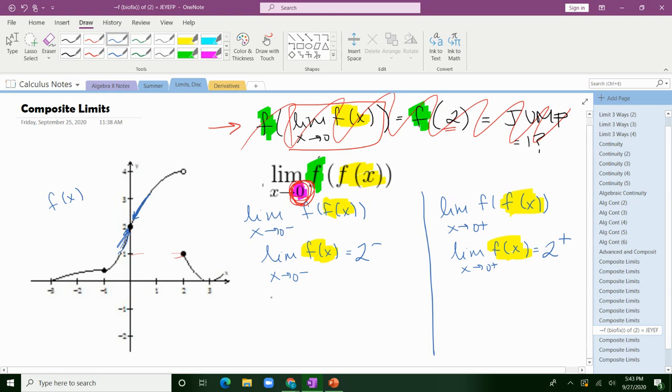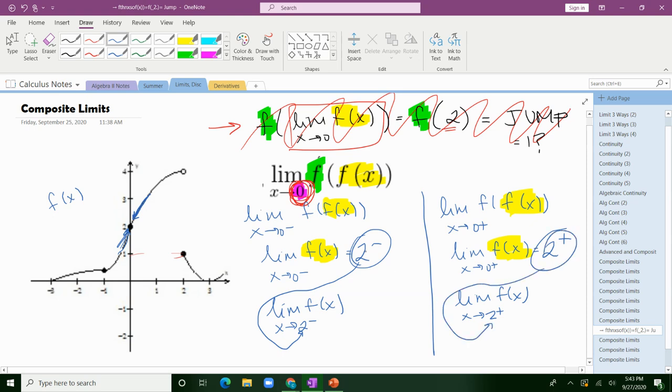This was the function f of x. So this time, when I go to my outer function, I'm going to go 2 from the left. Whereas here, when I go to my outer function, I'll be approaching 2 from the right, because the output here was 2 negative, so the input here is 2 negative. The output here was 2 positive, so the input here will be 2 positive.